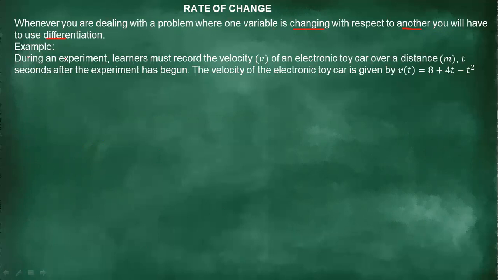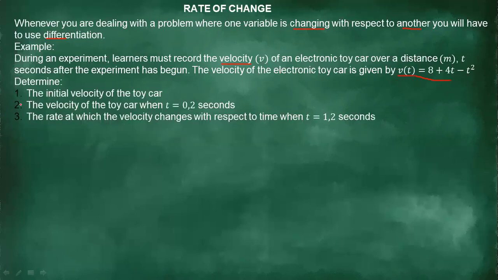During an experiment, a learner must record the velocity of an electronic toy car over a distance of s meters, and t seconds after the experiment has begun. The velocity of the electronic toy is given by this formula. The first question: determine the initial velocity of the toy car.